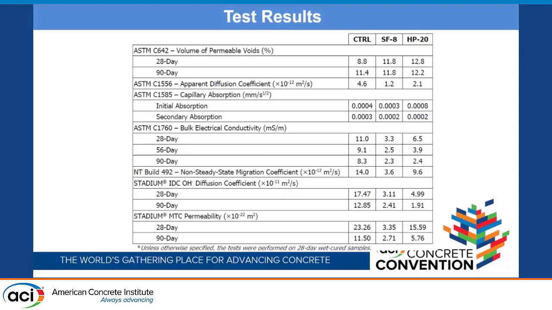NT Build 492. That's what's used in the Duracrete model, and it's in fib, and non-steady state migration coefficients there. You can see these numbers are different than the 1556 numbers.